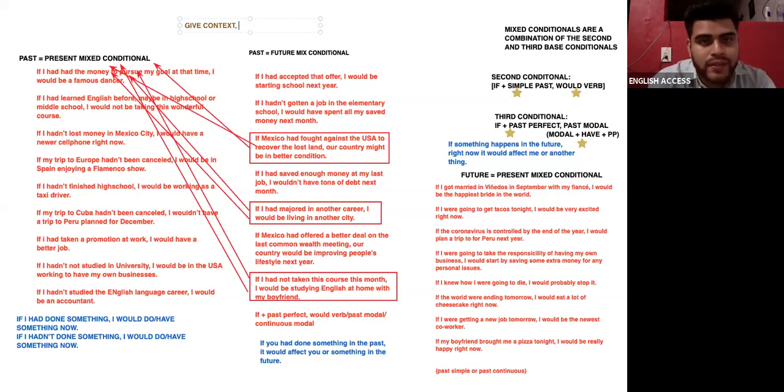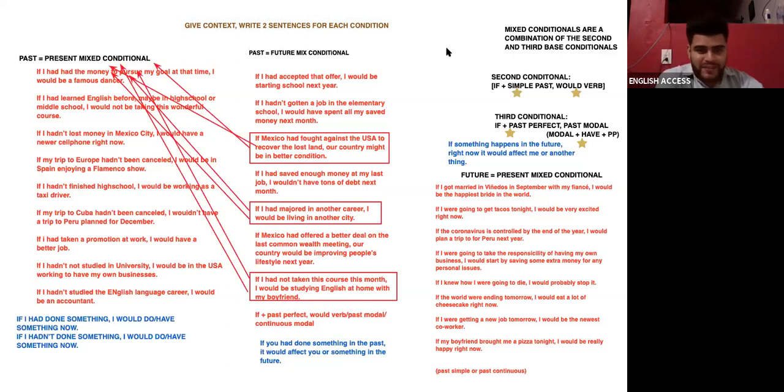Give context. Give context. And write 2 sentences for each conditional. Okay, that is going to be your homework.